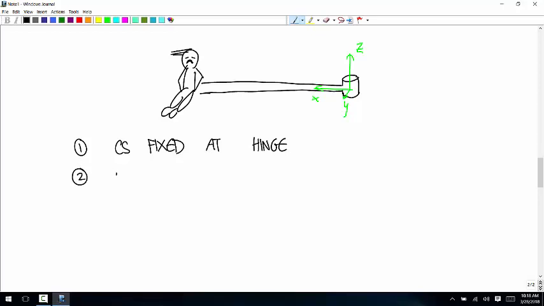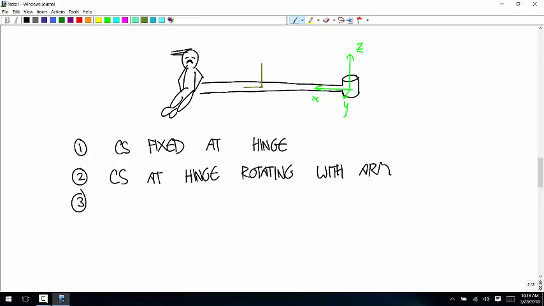The second one is going to be a coordinate system at the hinge, rotating with the arm. And the third way is going to be the coordinate system at the midpoint, rotating with the arm.